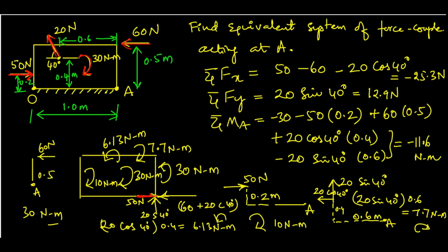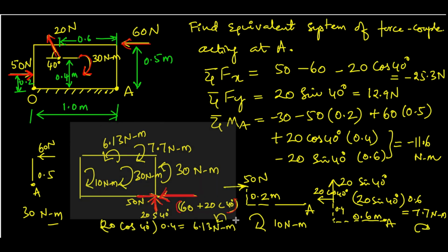So all the forces, 50 Newton force moved here, 60 Newton force moved here, 20 cos 40 also moved here, and 20 sine 40 also moved here. Let us copy this.